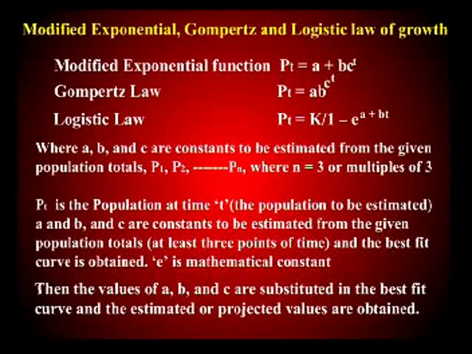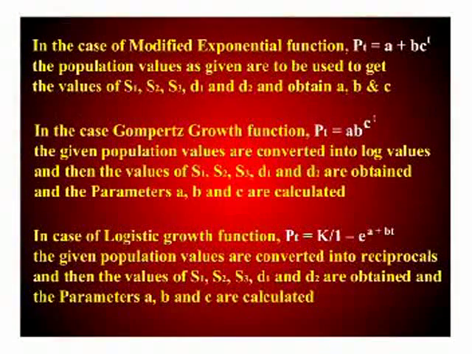Pt equal to a b power c power t, that is Gompertz law, and Pt equal to k by 1 minus e power a plus bt is the logistic law. Here it is important to note that the given series of data have to be used in the following form.